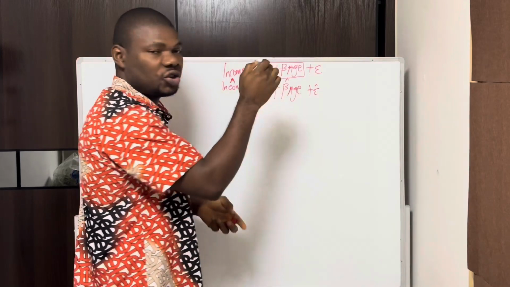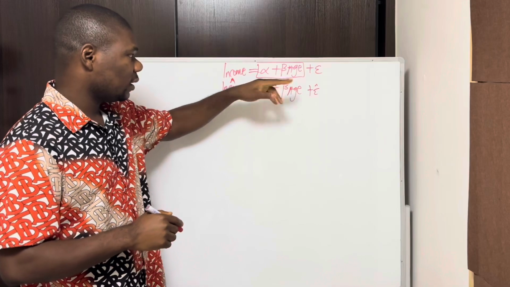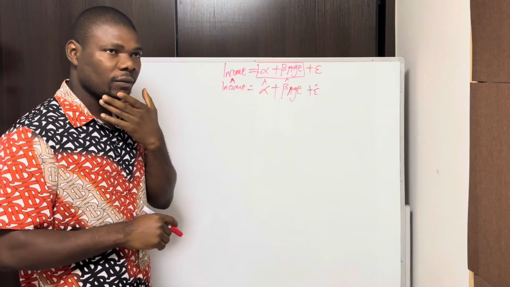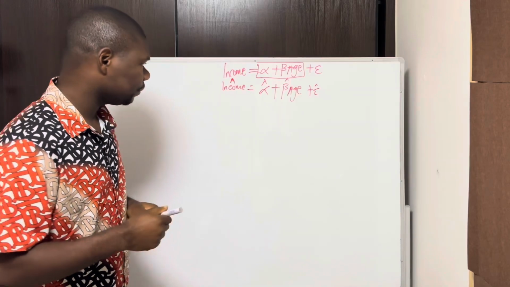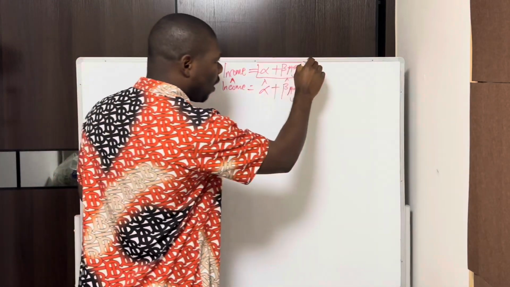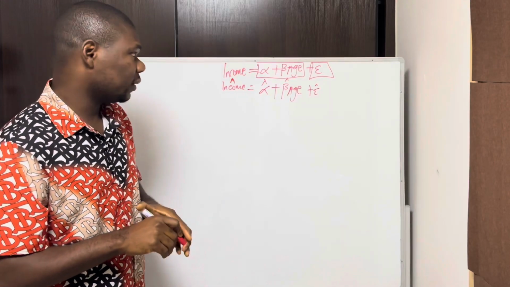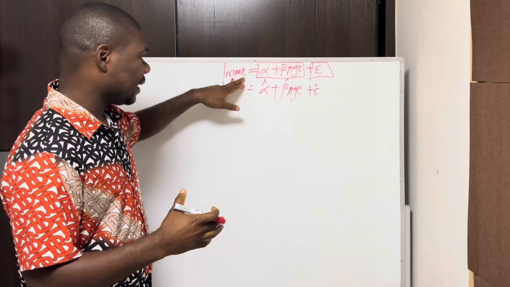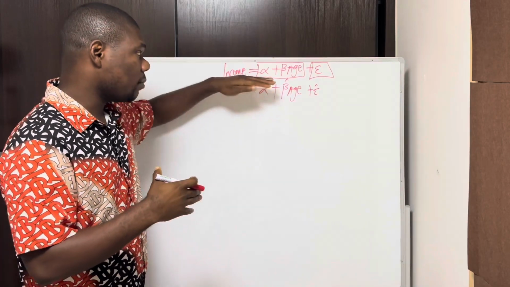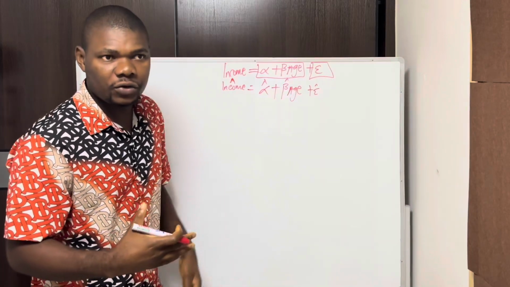That is what your model can explain; you're able to find the alpha and the beta. And then this part is the error. Your model cannot explain that because there are so many factors that affect income which we didn't include in the model, so they all go into the error, and we don't have control over that.